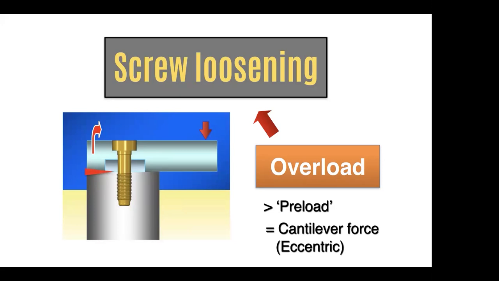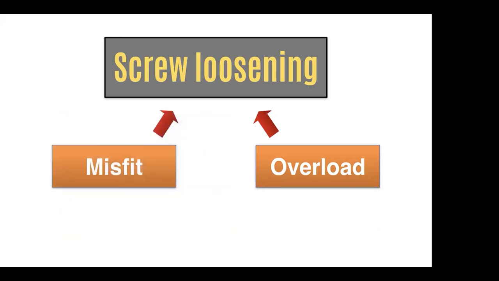So you can see the gap created by the cantilever force. And this in turn will increase the preload or the clamping force even bigger because it stretches the screw. So when does the screw get loosened again? When the external force stops and the gap closes again, right? We just discussed that a minute ago.